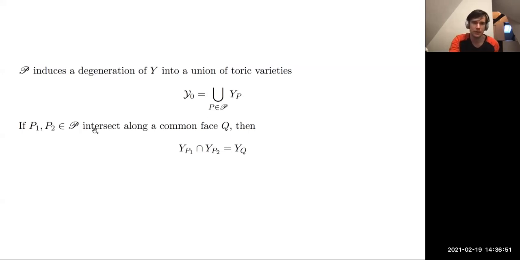So if you have 2 intersecting faces in P, then the corresponding toric varieties intersect in another toric variety that's specified by that face. Okay, so it's quite useful to work with these subdivisions.